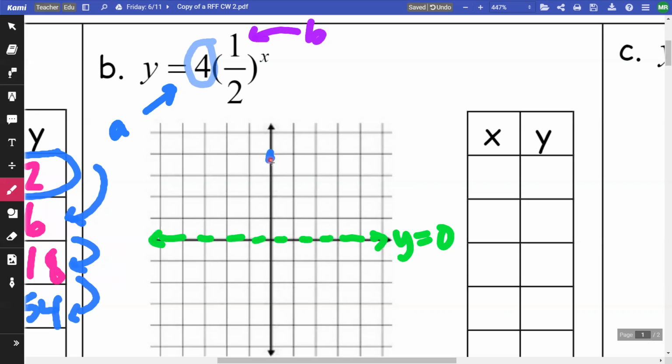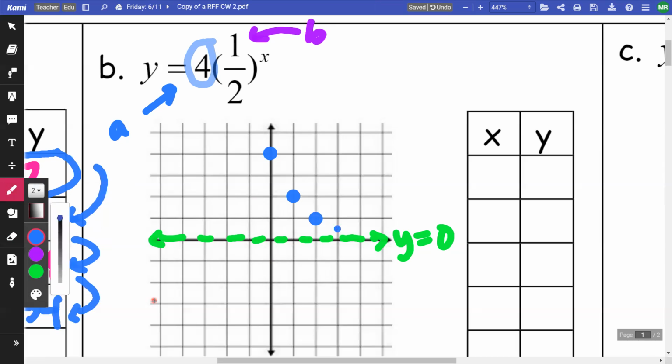And then when I times by 1/2, I'm taking 1/2 of 4, which is 2. 1/2 of 2 is 1. 1/2 of 1 is 1/2, and so on.